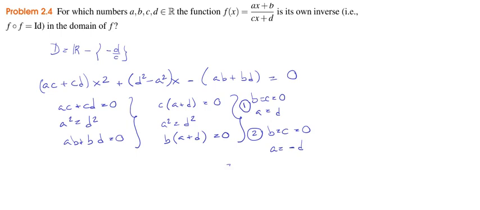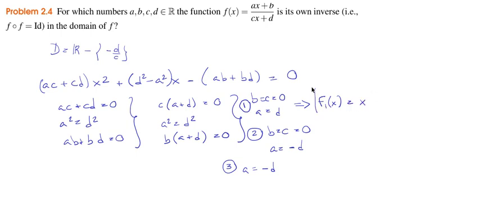Now the third possibility is if a equals minus d. Then c and b are free, and the second equation is fulfilled. So the function f1: b is 0, c is 0, and a is equal to d, so what you have is x.